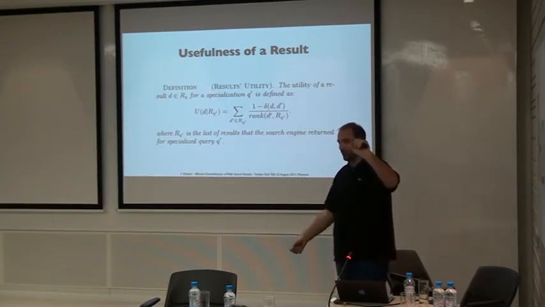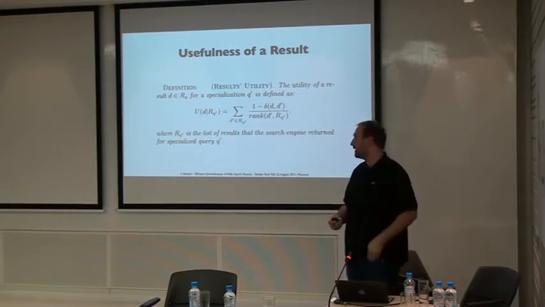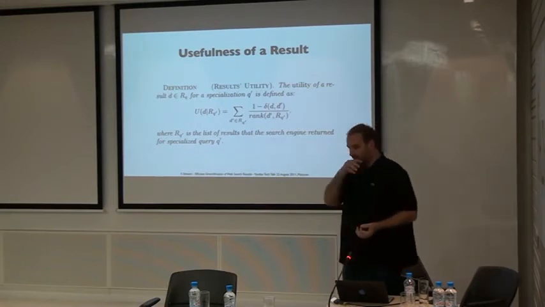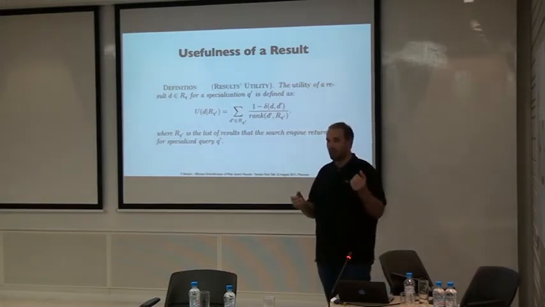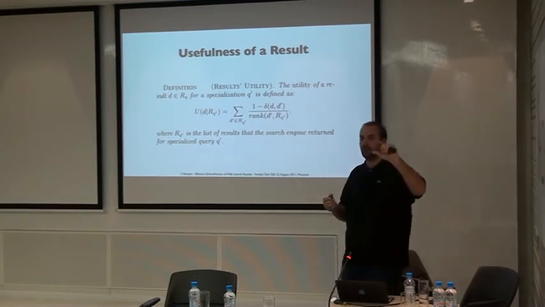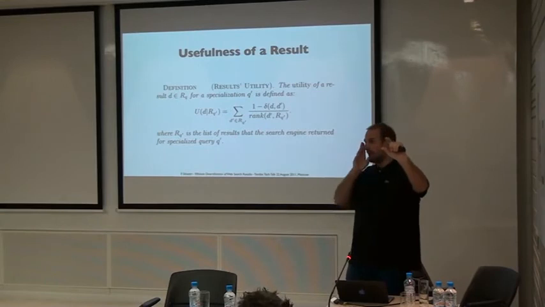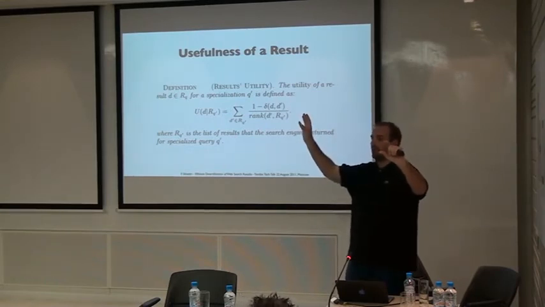So you can compute for each document in your result list the utility for each specialization, for each reformulation. Then you sum up obviously for all the possible intents, and then you pick up the top K. So it's basically a sorting on these values.